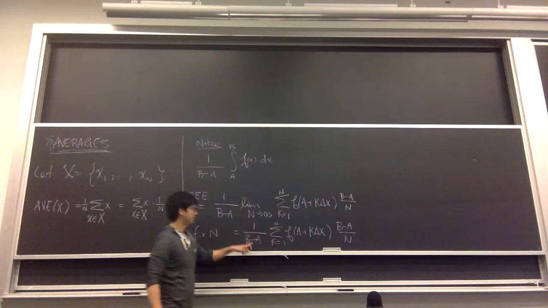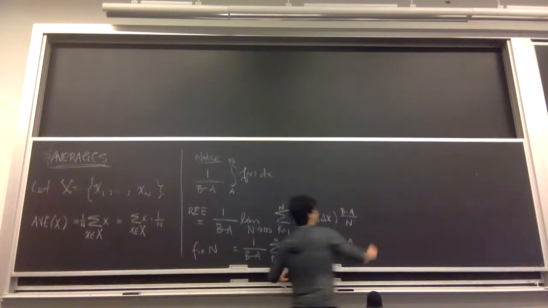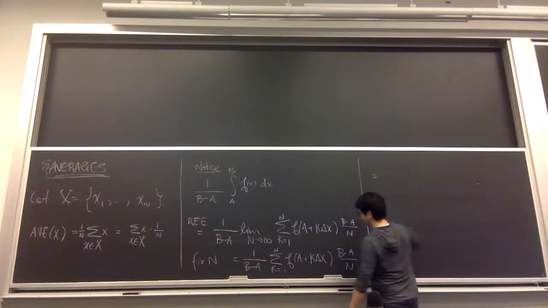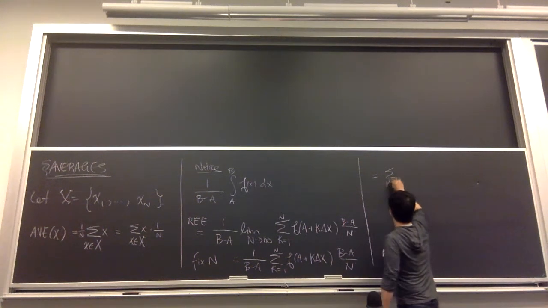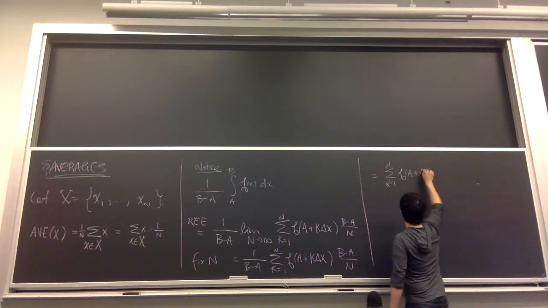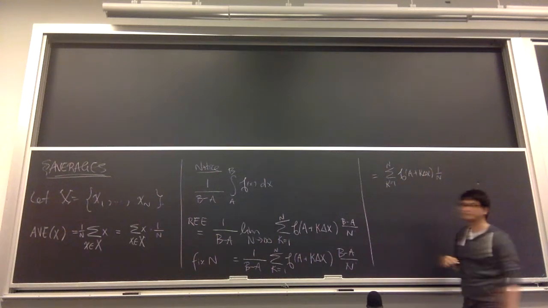But what happens with this and this? They cancel, okay? So what are we left with? We're left with the sum from k equals 1 to n of f of a plus k delta x, times 1 over n, which is what?